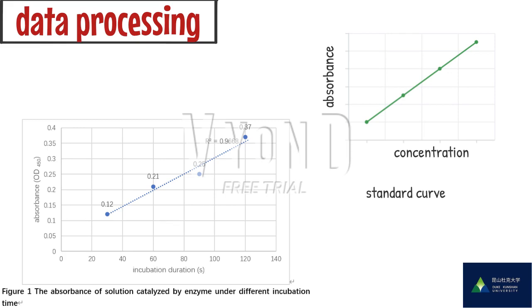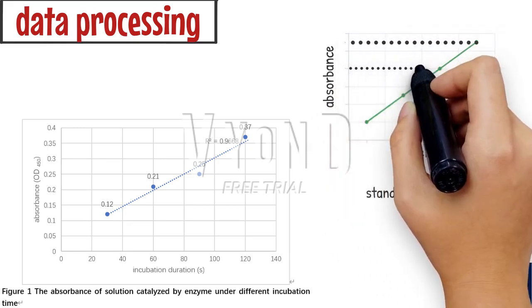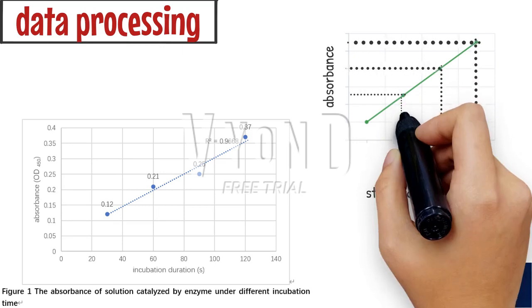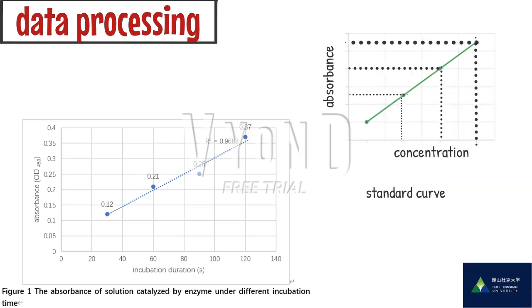So I would just briefly discuss about how to calculate if we have a standard curve. First, since absorbance is in direct proportion to the incubation duration, we can choose an absorbance value at any incubation duration we have and correspond to the standard curve to find out the concentration of the solution at any absorbance value.